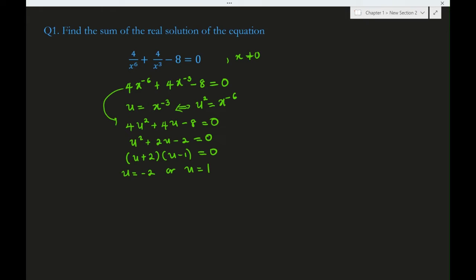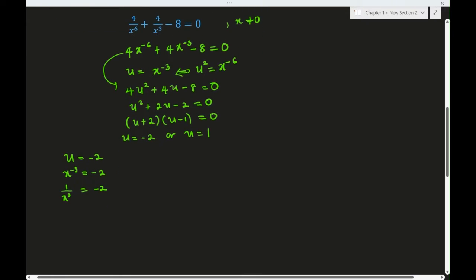But what is our u? Let's bring back what u is. u equals minus 2. What does that mean? It means that x to the power minus 3 equals minus 2. Now, how can you write this? If you look at this carefully, you can write it as 1 over x to the power 3.